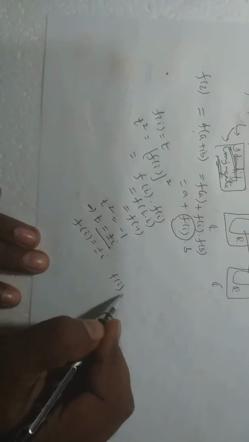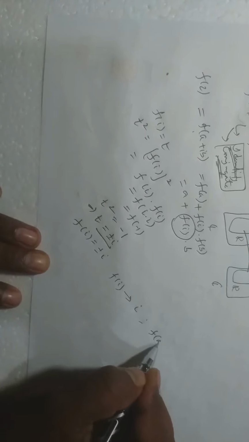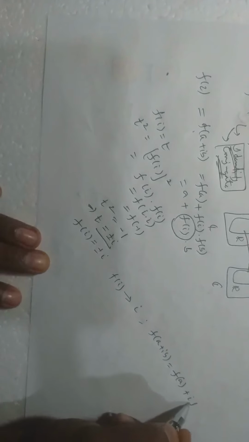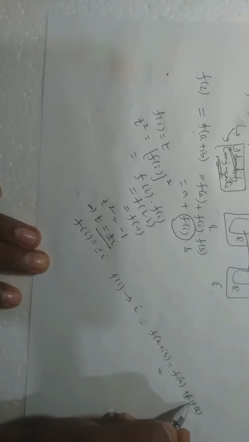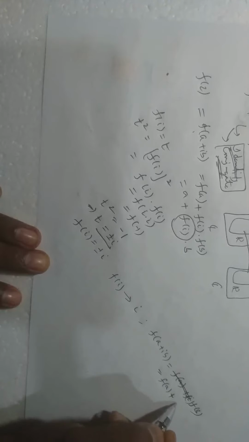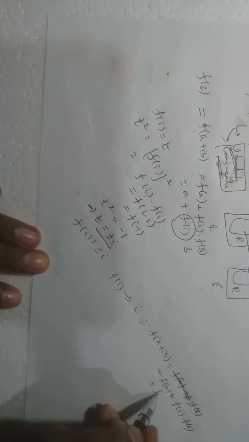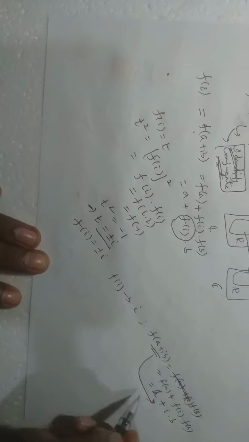If f of i is i, by the homomorphism f of a plus ib is f of a plus f of i times f of b, which is a plus ib. So f of a plus ib is this.